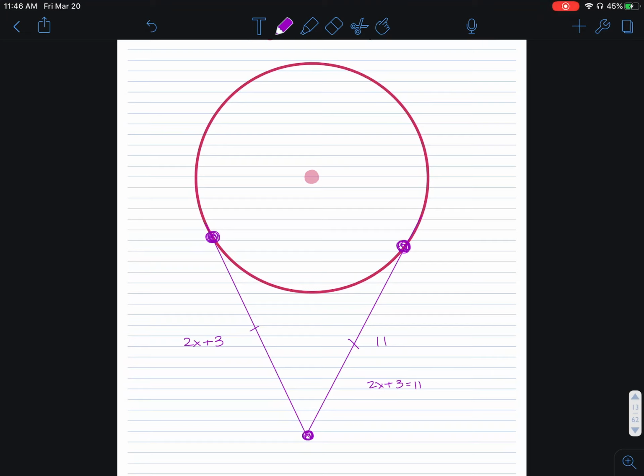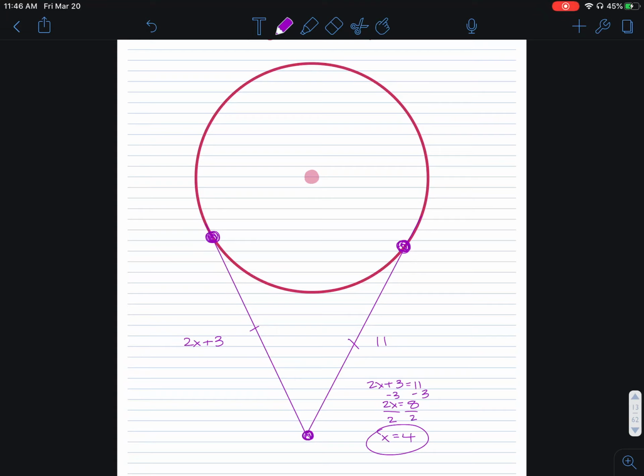Again, anything that is congruent, you can set equal to each other. Okay, let's solve for my x. I can move that 3 over. I get 2x equals 8, right? I just subtracted that 3 on both sides. Again, what I do to one side, I have to do to the other side. Okay, and then to get x by itself, I'm going to divide both sides by 2, and x equals 4.